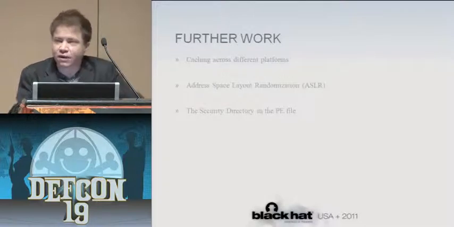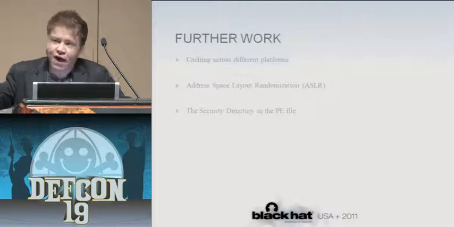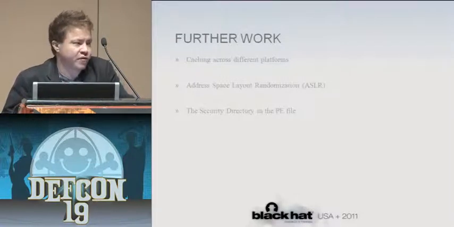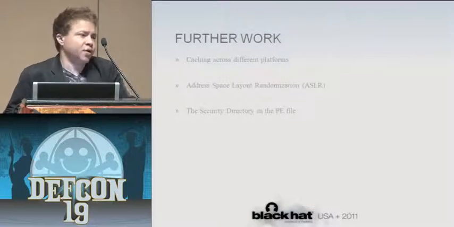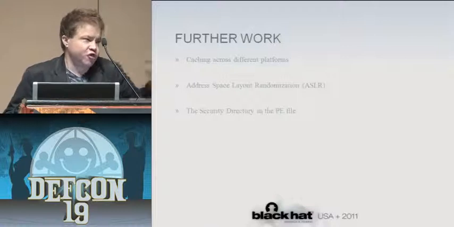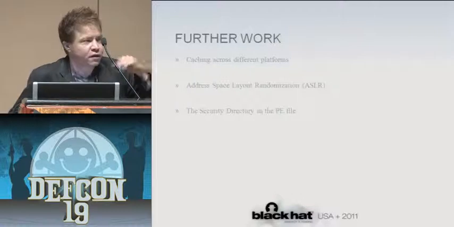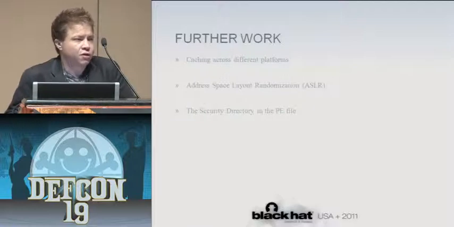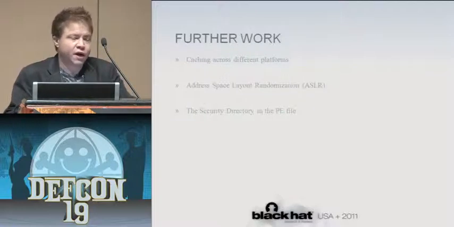But dealing with ASLR, because it changes the address space a little bit when programs load, we have all the data we need to actually reverse that. So we can fix it up, run the fixed up data through our hash, and get the same hash values. Also, there's something called the security directory that's on some files.